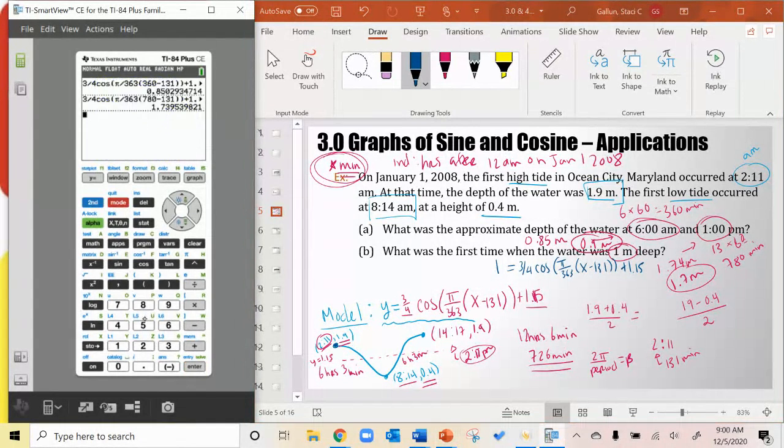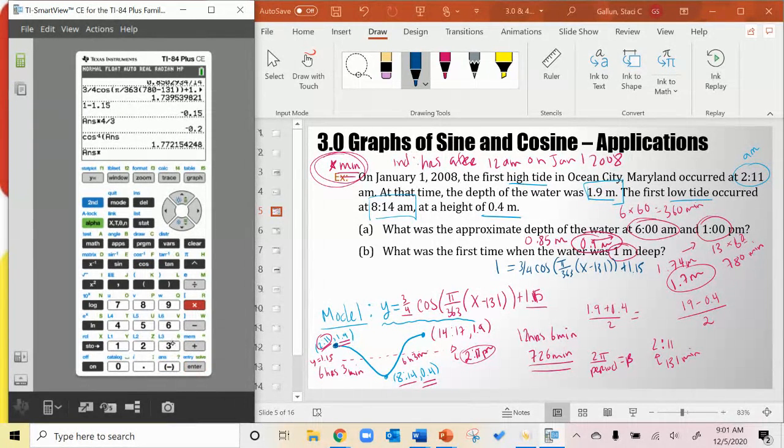So mathematically, I could say I'm going to do 1 minus 1.15 and then divide by 3/4 or multiply by 4/3. And then I would have cosine by itself. So I'd have to do the cosine inverse of what I just got.